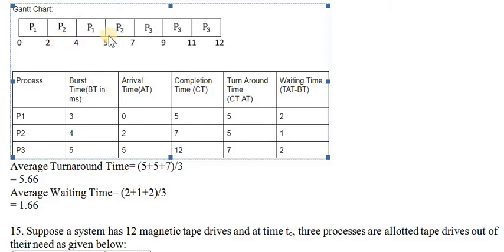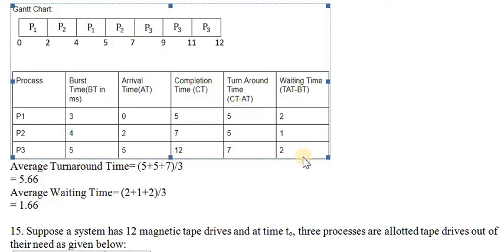In between, P1 only completed for 1 second, so that is the waiting time for P2. How much is the waiting time for P3? When we are here, P2 and P3 are in a race. While P2 completes its share, P3 is waiting, so that is 2 seconds.